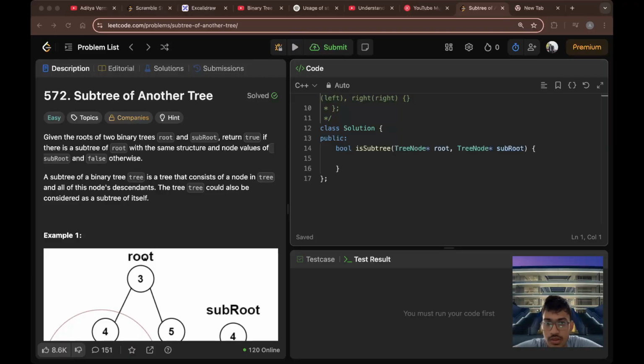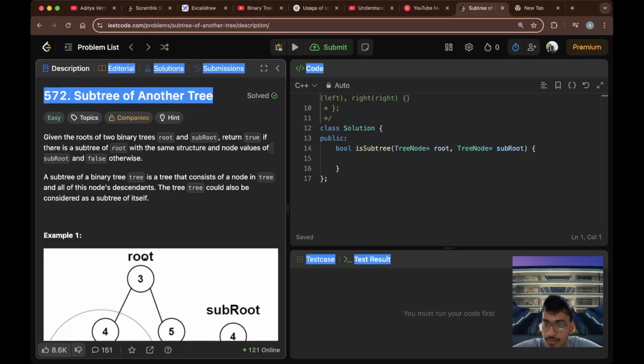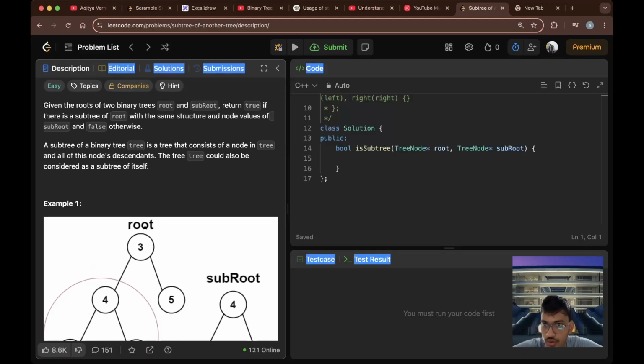So let us see what the question tells. Subtree of another tree. Given the roots of two binary trees, root and subRoot, return true if there is a subtree of root with the same structure and node values of subRoot, and false otherwise.